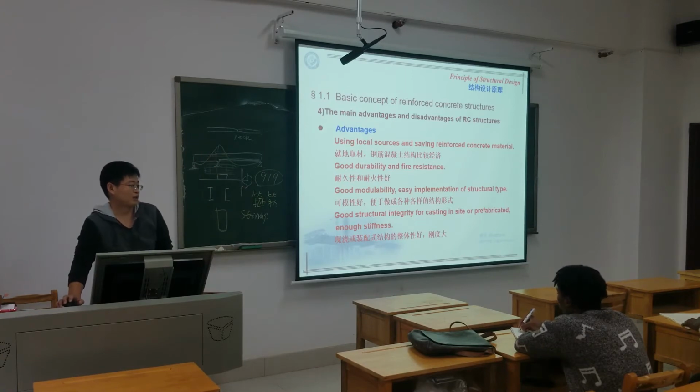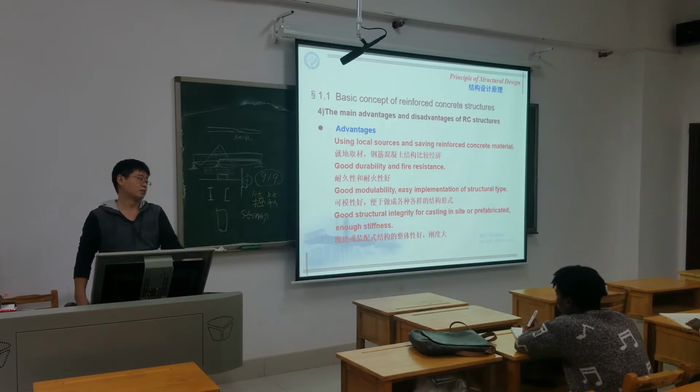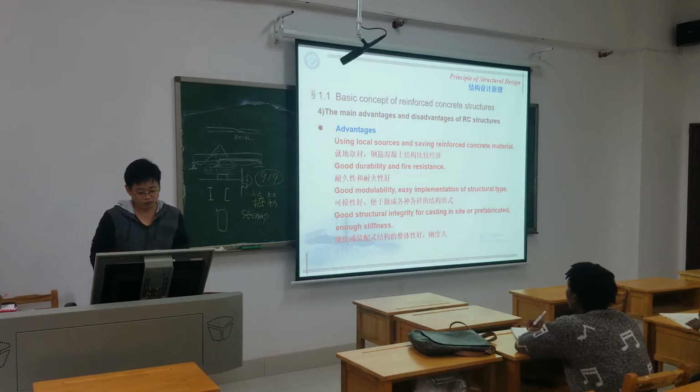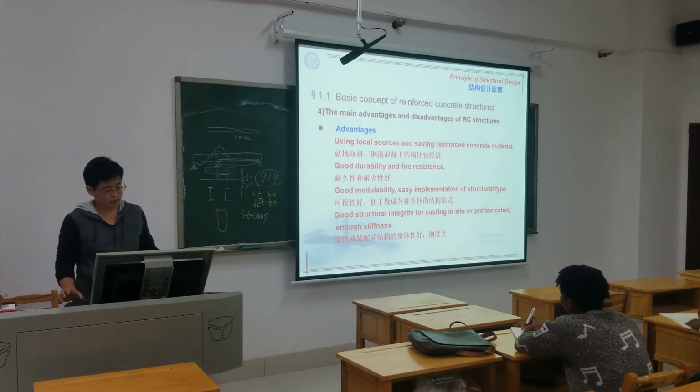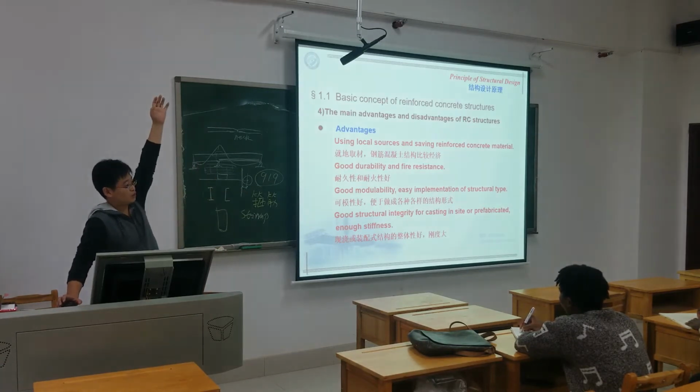So if the building is built only by concrete, it may not collapse. Maybe just the part hit by the plane will be destroyed, and the other part will not collapse. But because they have steel inside, burning by the oil, the steel is soft and loses strength.